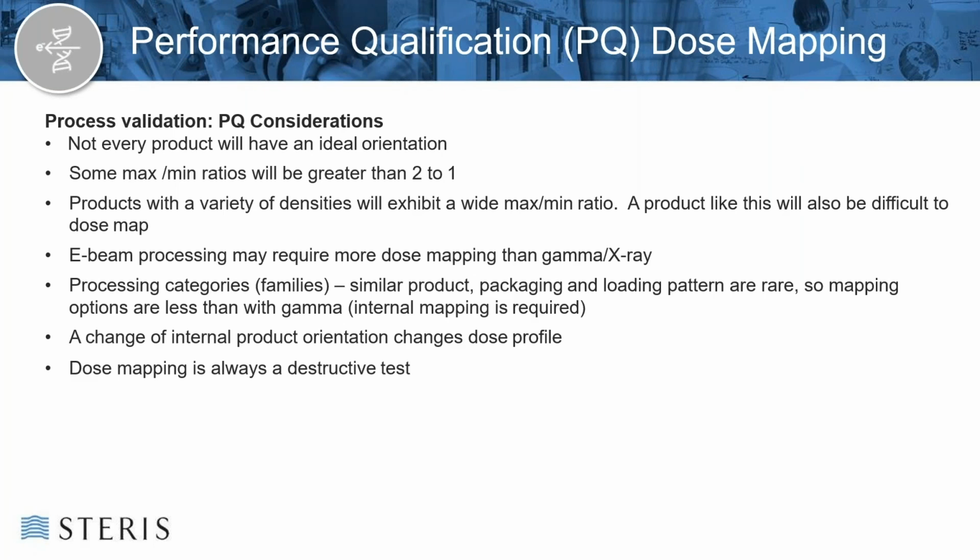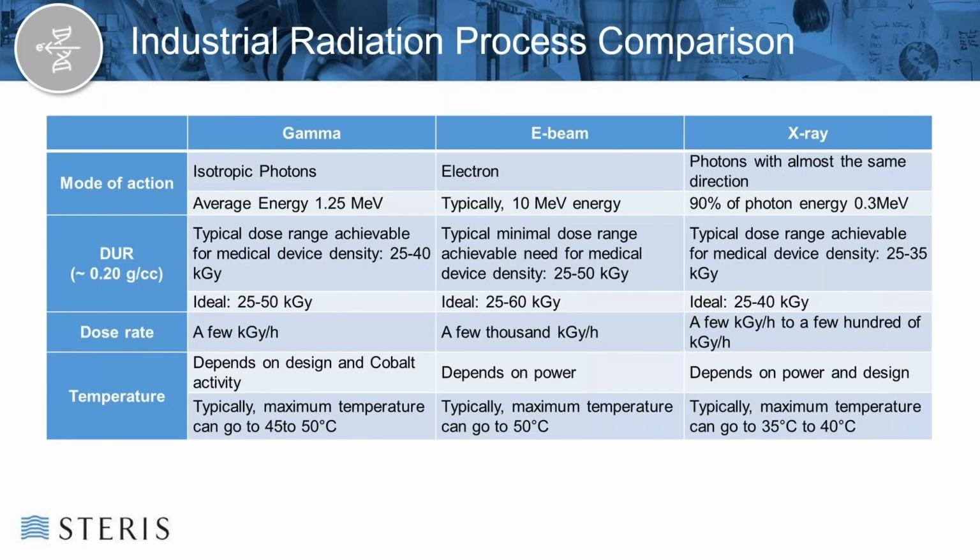So some comparisons between different industrial irradiation processes. You can see some details here. E-beam in the middle. Temperatures can be a little higher. Process is quick. Dose ranges are wider for E-beam compared to gamma or X-ray.